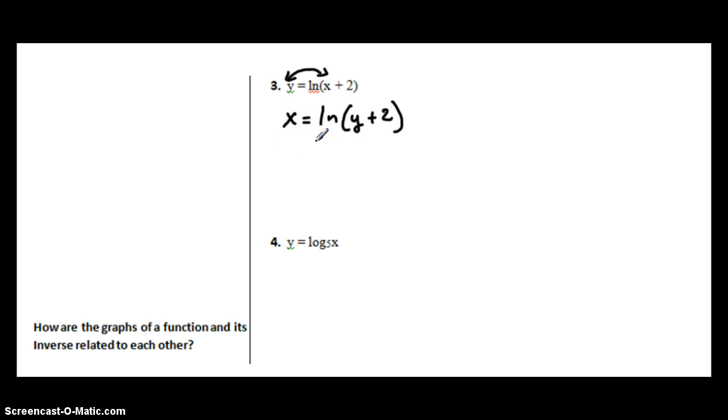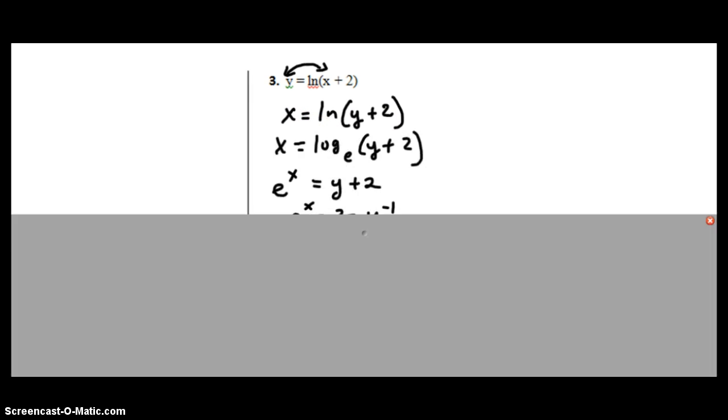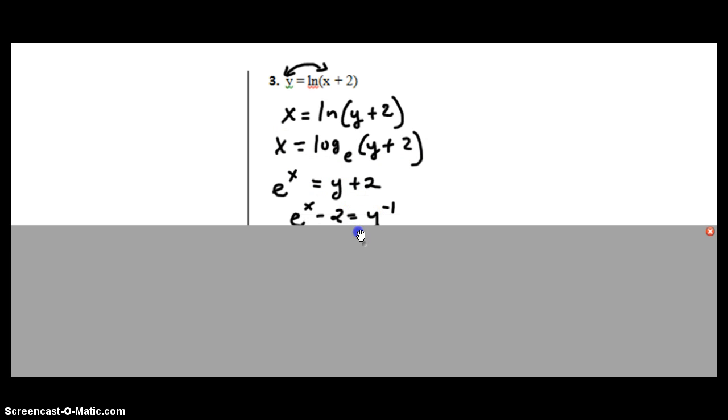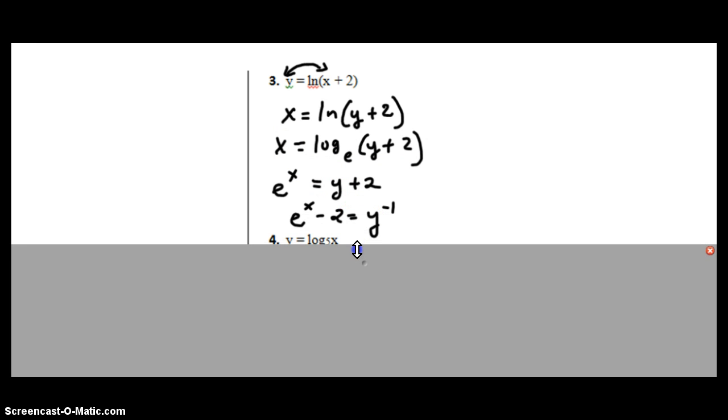So go ahead and pause the video and try that. So it's helpful to do that in reverse when you're converting. So the natural log, we change to log e, then convert. So we have e to the x equals the y plus 2. Then to get y by itself, we'll have to subtract 2 and then rewrite using the inverse notation.